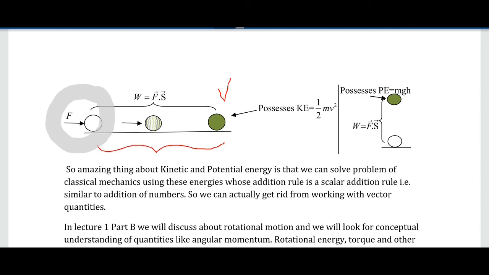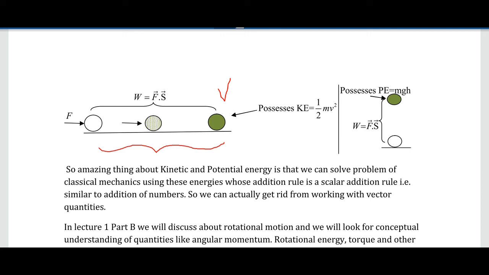But there are forces that can make the body move in circular motion. The analogy of translational force, or the force that generates straight line motion, the analogous term to this force is torque. Torque actually generates circular motion.